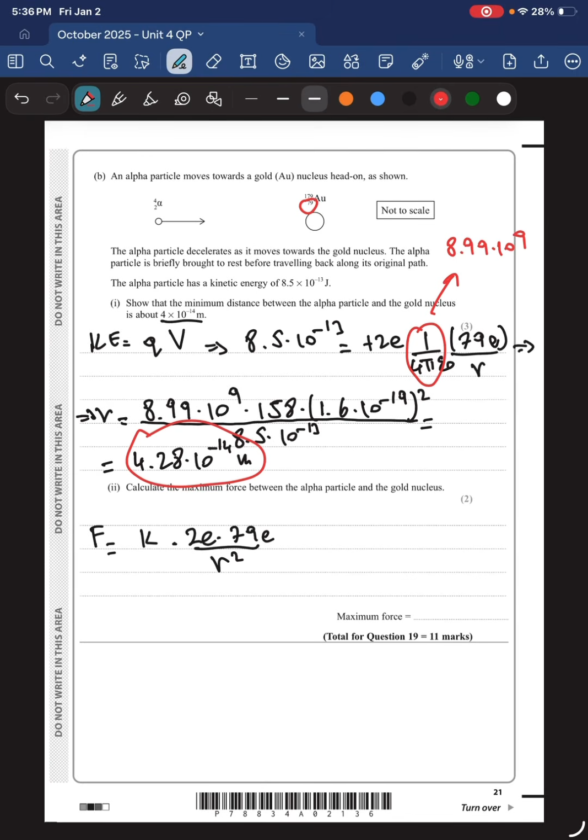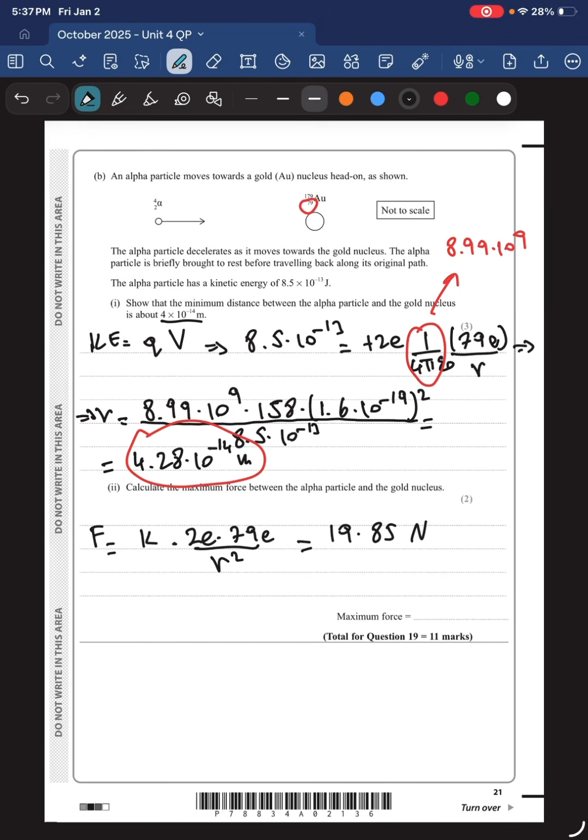So if we plug everything in, we will find 19.85 newtons, which is a really, really large force. So 20 newtons is the weight of, if you have a 2 kilogram mass, about 20 newtons.